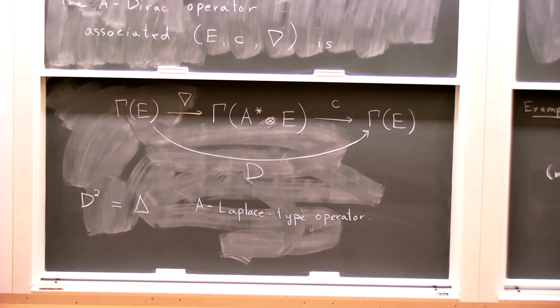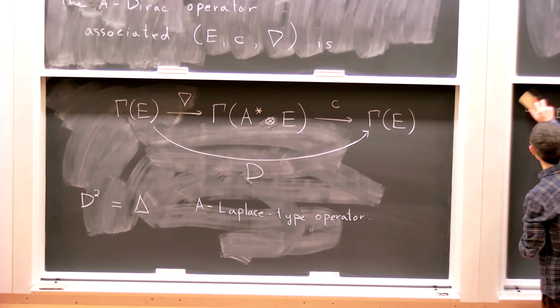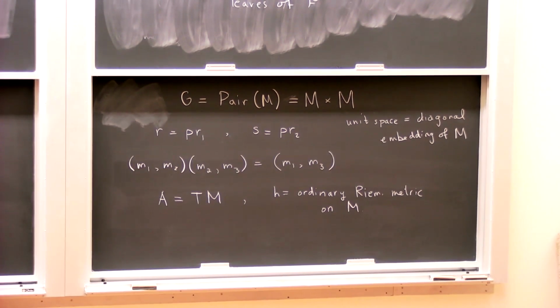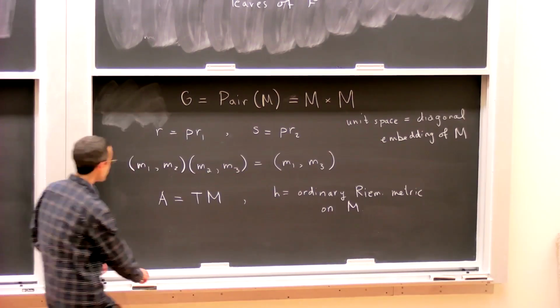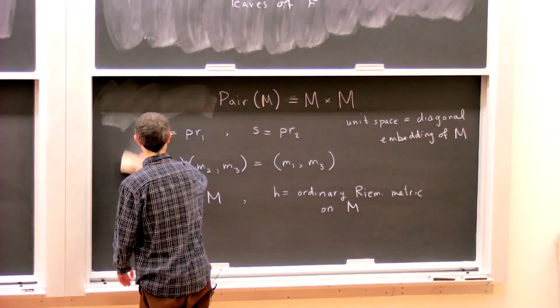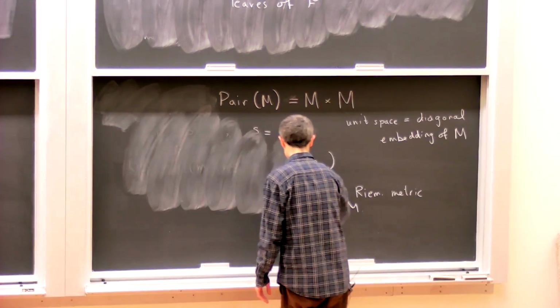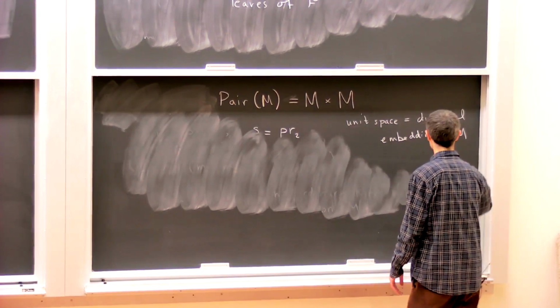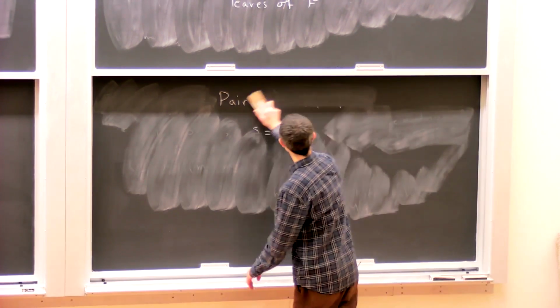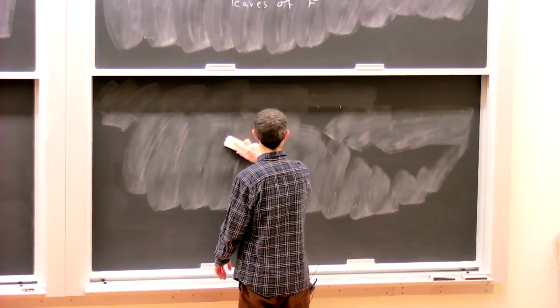So there's another perspective. Was I going to say this next or in one minute? I was going to say this next anyway. There's another way to think about this, which you might find simpler.